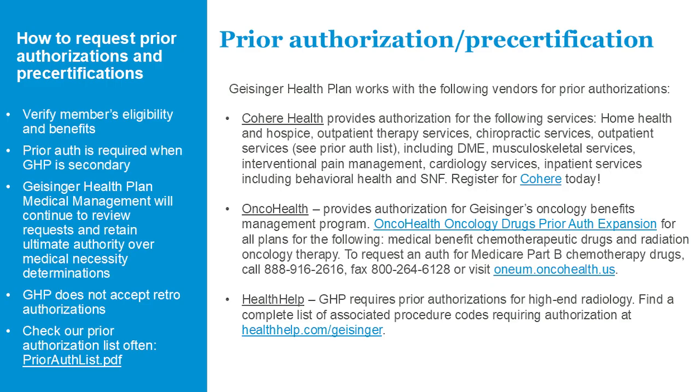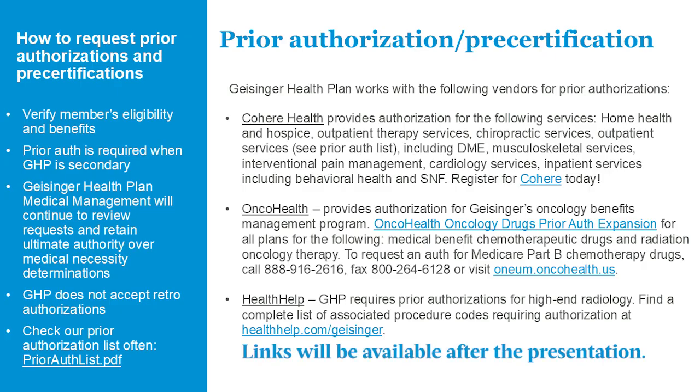To request an authorization for Medicare Part B chemotherapy drugs, call OncoHealth at 888-916-2616, fax them at 800-264-6128, or visit OncoHealth at oneum.oncohealth.us. Lastly, Health Help provides authorization for high-end radiology services. Use the links on this page to take you to the vendor's designated sites.